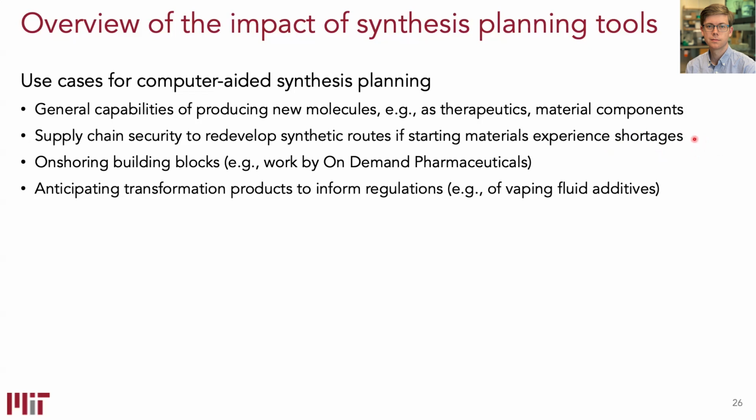So if you have one manufacturing pathway to a drug, if there's a critical shortage of a starting material, you might be able to quickly propose an alternative synthetic pathway to avoid that shortage. There's some companies thinking about how we can onshore building blocks for our pharmaceutical supply chain. So right now, even if you were to synthesize medicines here, the government is quite nervous about the fact that the starting materials typically come from overseas.